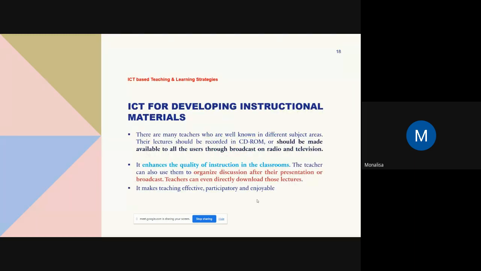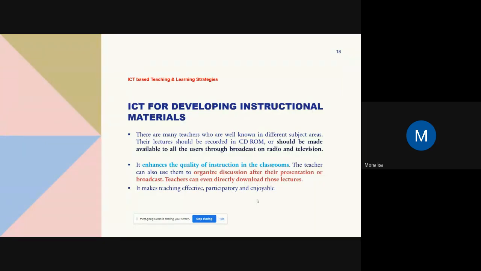Coming to the use of ICT in developing instructional materials, you can see that at present there is a shortage of competent teachers in almost all subjects at all levels. Sometimes instructional materials available in print form are not of quality and updated.